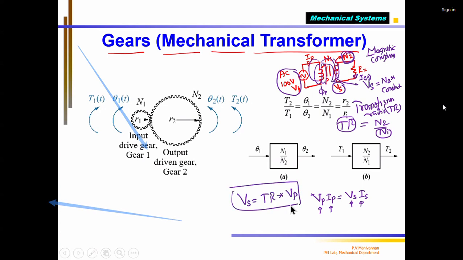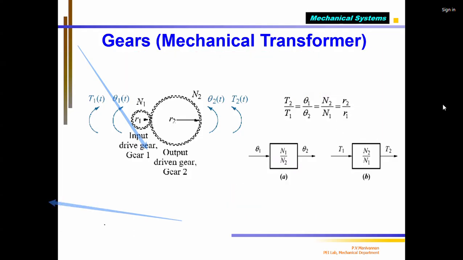Now, similar to that, in mechanical systems we have gears. You know that there is one gear called the input gear or driving gear, and the other is the output gear or driven gear.